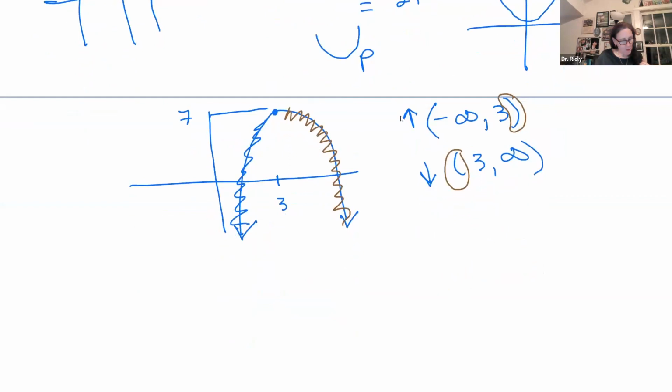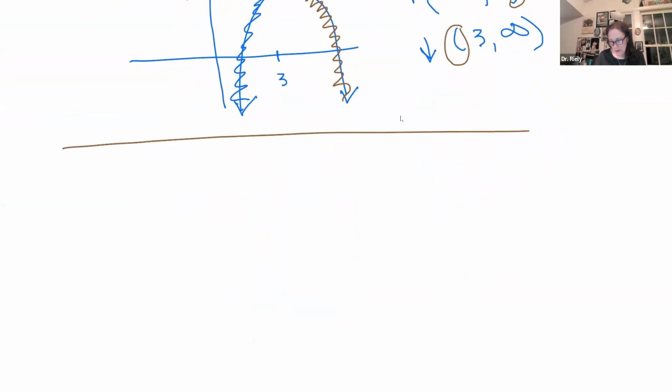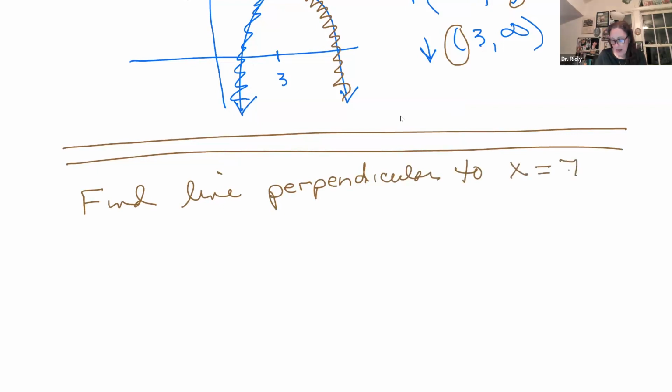Yeah, I did talk about perpendicular and parallel lines. I did something similar for my kiddos in my pre-cal class the other day. So if I say, I want you to find an equation of the line that is perpendicular to x equals 7 and goes through 1, 4.